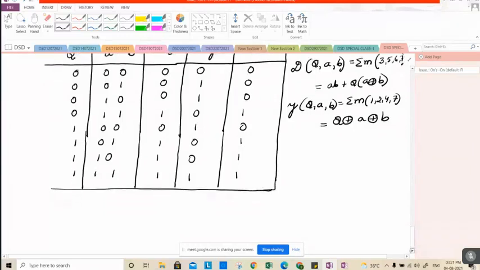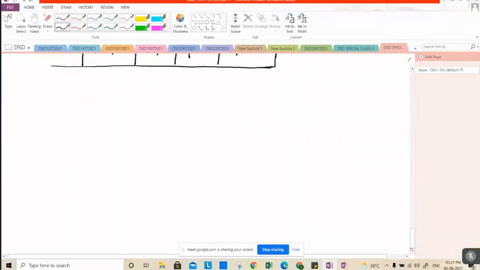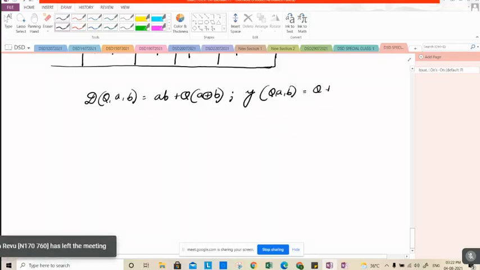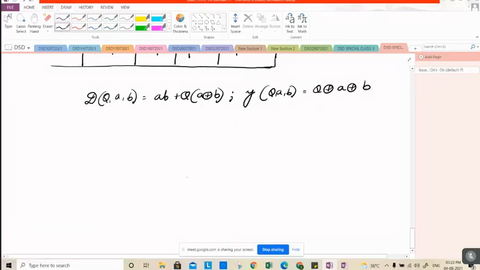Now connect this with a flip-flop. What is the D value? What have we obtained here? D is AB plus Q into A XOR B. And what about Y? Q XOR A XOR B. How many flip-flops are required here?